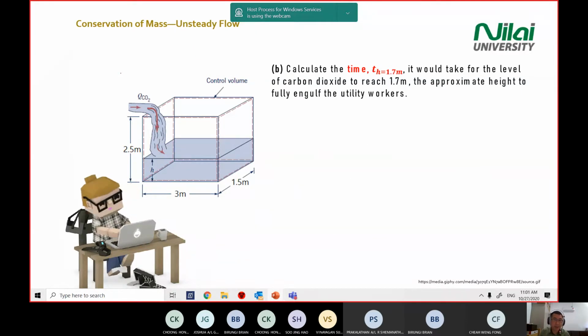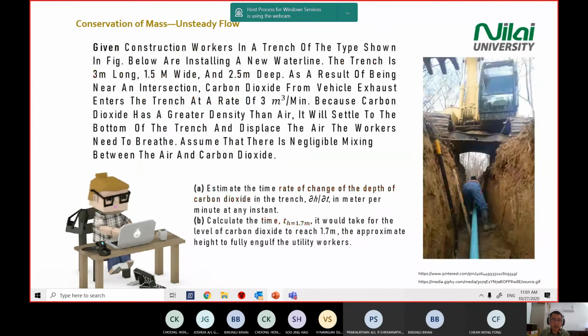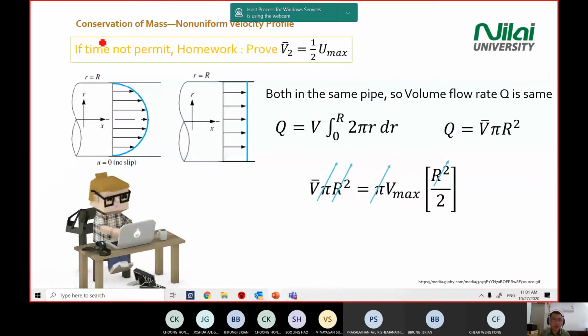And then the previous one is the conservation of mass. It tests you on the non-uniform velocity profile. This one is for the question number 6, it mentioned, just highlight the non-uniform velocity profile.